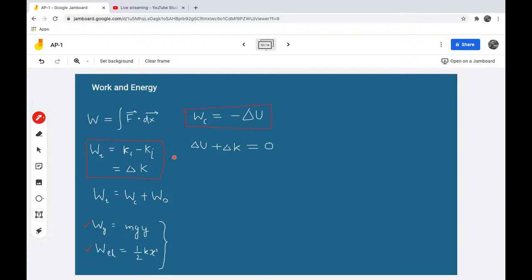And this gives me the law of conservation of mechanical energy. This is the third law I am writing: the total mechanical energy is always constant. But remember, this is only for conservative forces.